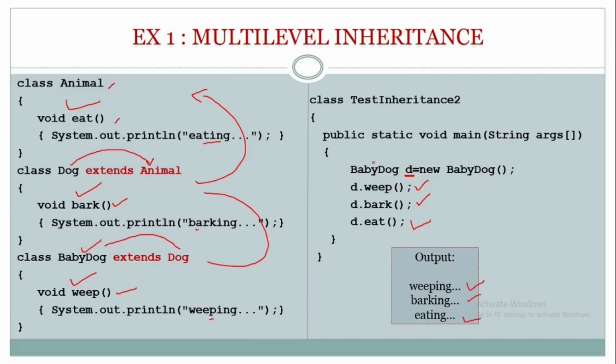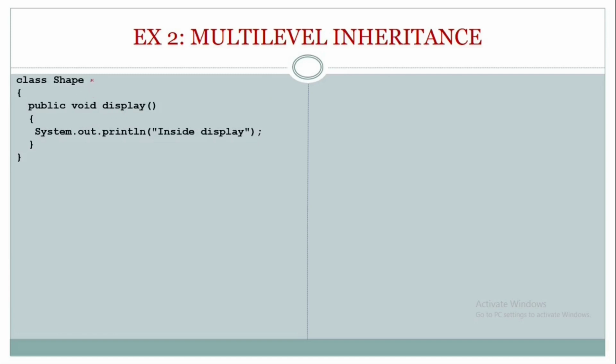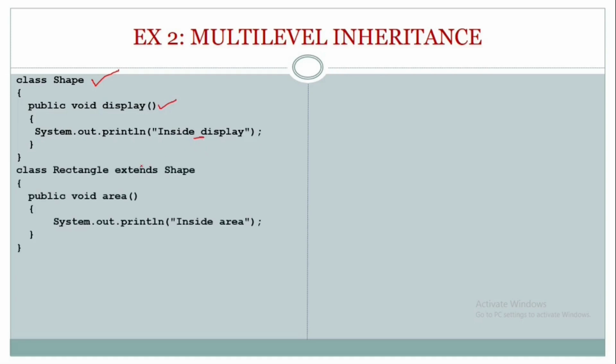Now let us understand multi-level inheritance with one more example. Class shape has a method called display that prints inside display, and one more class called rectangle extends the shape, which means rectangle inherits the properties of shape.